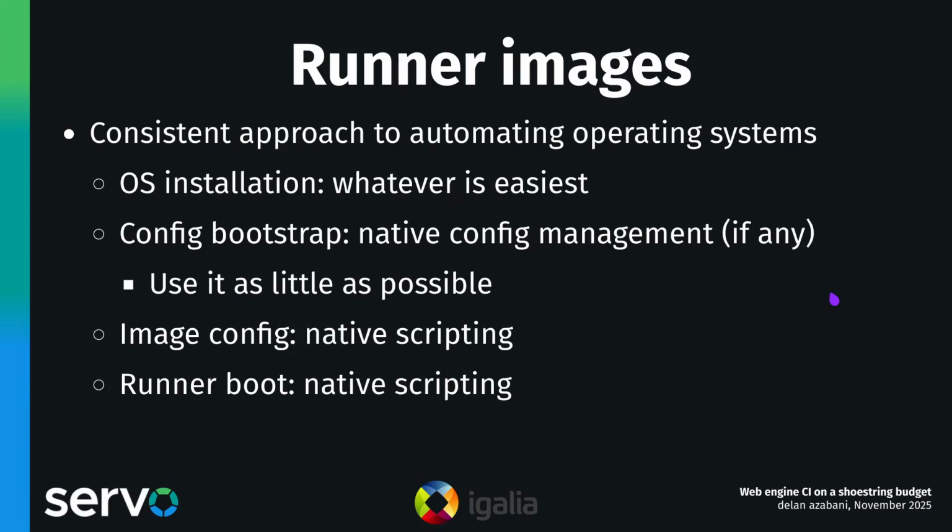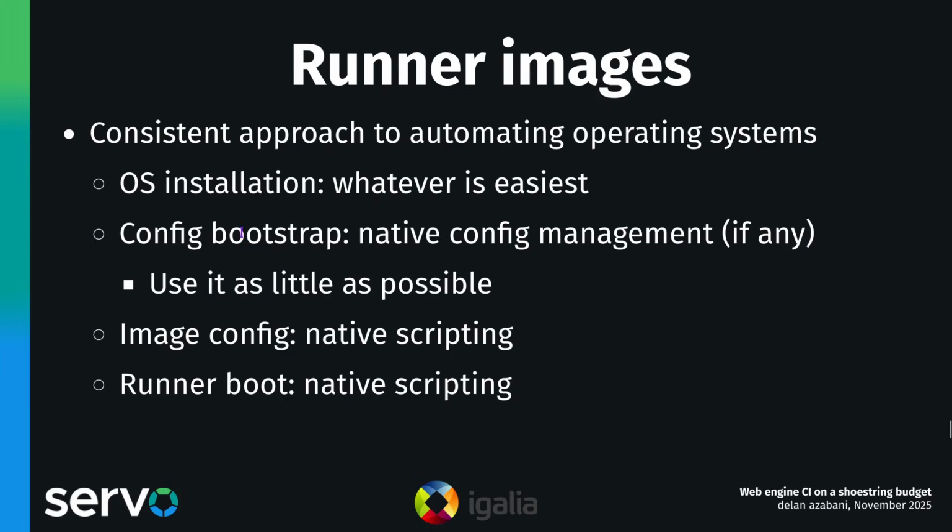We eventually settled on a consistent approach to automating the process of installing the OSs and configuring them for each runner template. And the approach that we used was to install the OS using whatever method is easiest, and to kickstart, to bootstrap the config using any native config management system, if there is one included with the operating system.